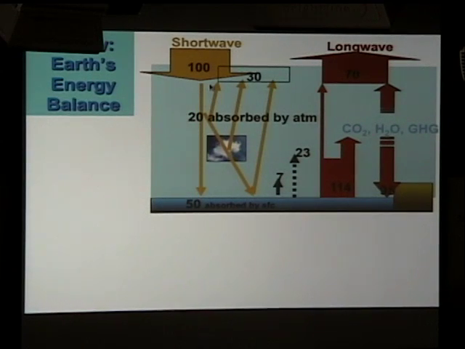So it's very convenient. The temperature allows us to separate the energy from the sun versus the energy from the Earth. So if we just put the energy of the sun here into 100 units, then there are aerosols and gases in the atmosphere that absorb 20% of it. And then there are clouds.